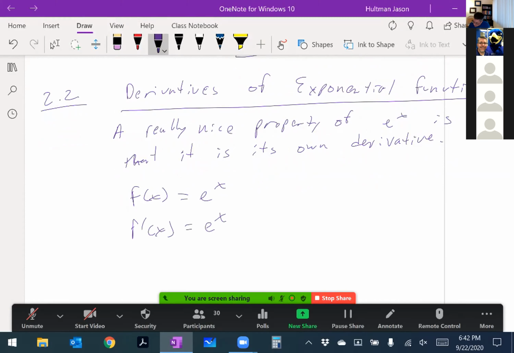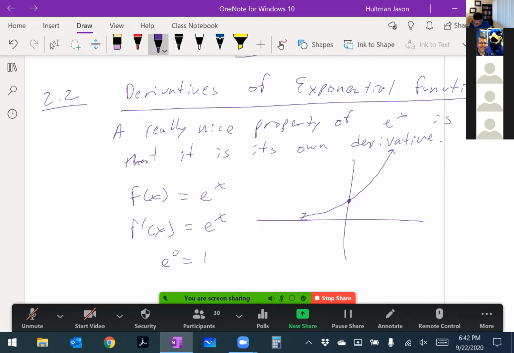It's kind of interesting. E to the x, the graph looks like this. At any point on this graph, the slope of the tangent line is the value of the function at that point.